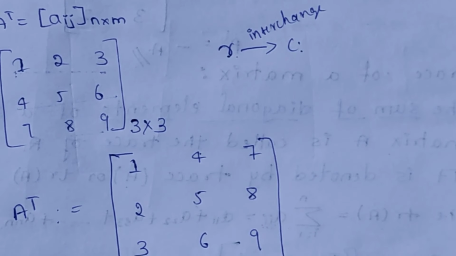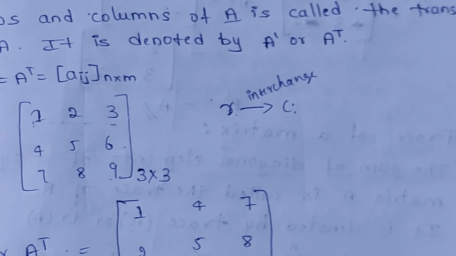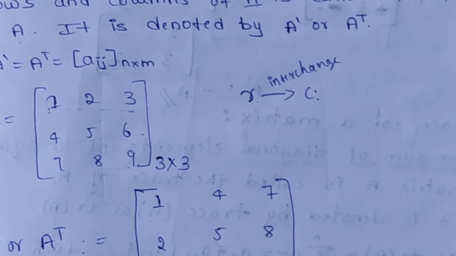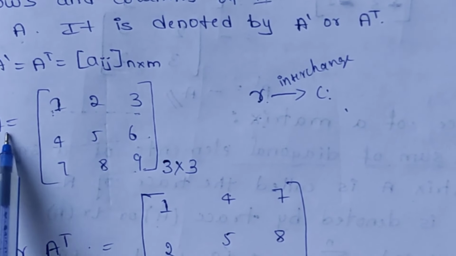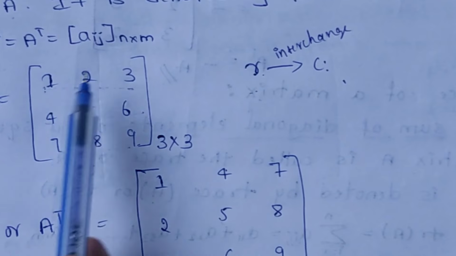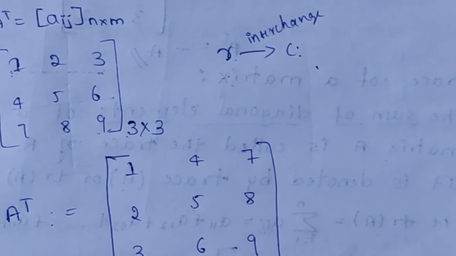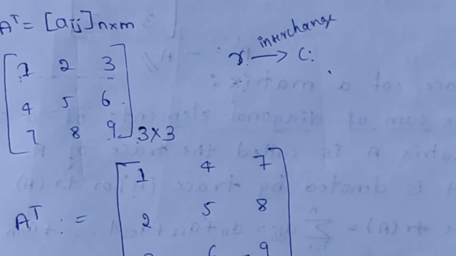So simply we can remember that the transpose of a matrix is nothing but interchanging rows into columns. So for example, the given matrix A is of order 3 cross 3: 1, 2, 3, 4, 5, 6, 7, 8, 9. So we have to find the transpose of this matrix.